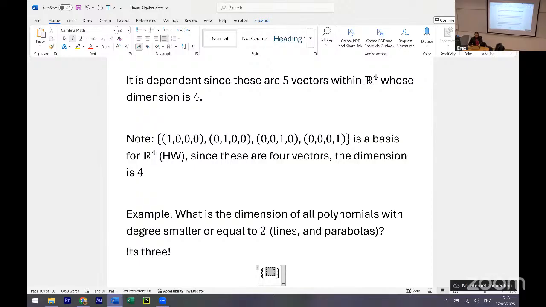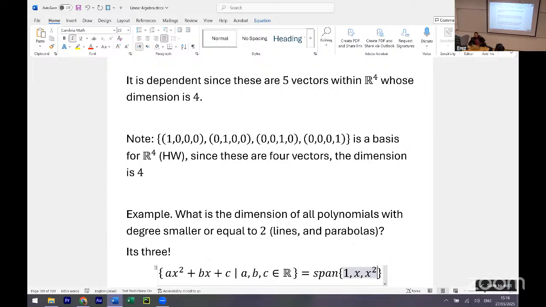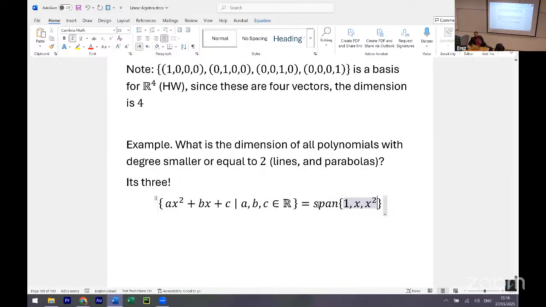All of the ax squared plus bx plus c such that a, b, and c are real numbers is the span of 1, x, x squared. Do you agree that it's the span, right? It's a times 1 plus b times x plus c times x squared.